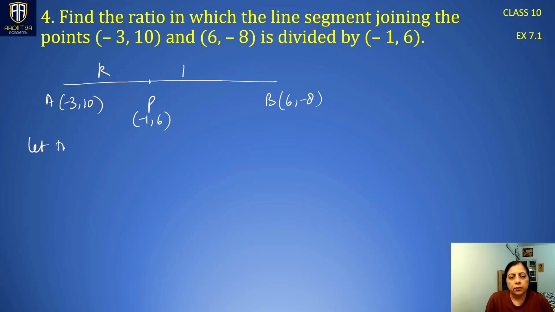So let the ratio be k is to 1. Right? So now we simply apply the section formula here.